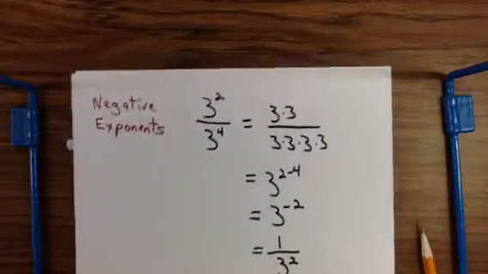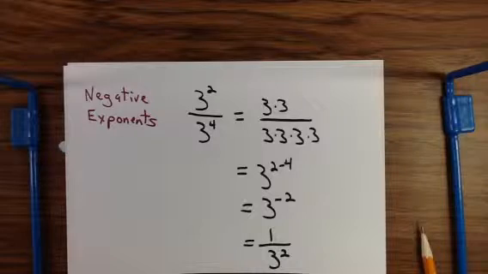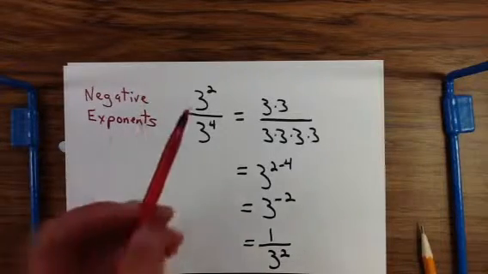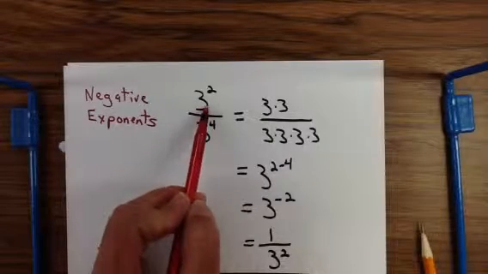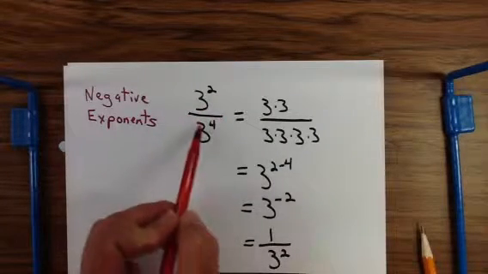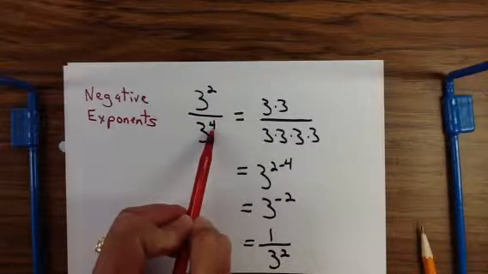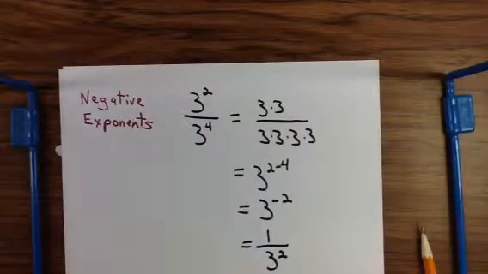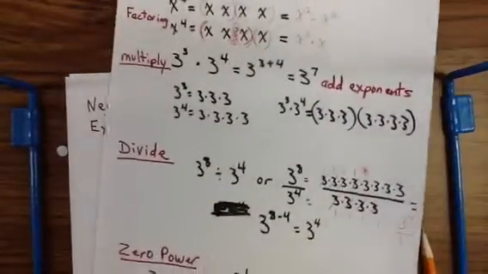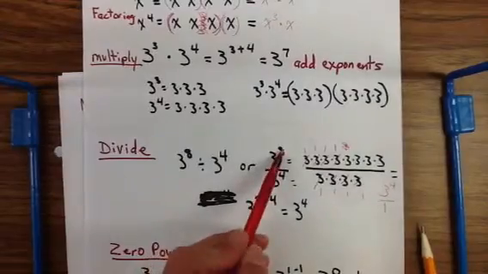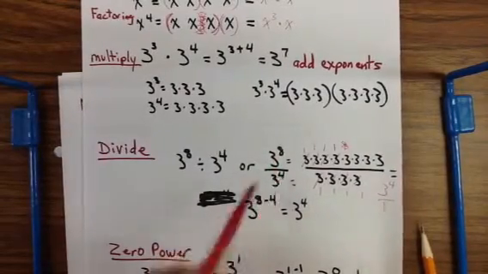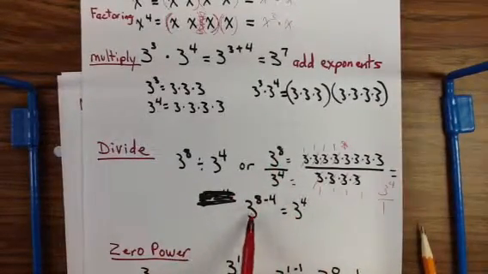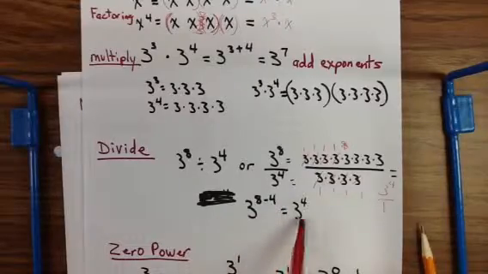All right, now we've got one more thing to look at, and that's negative exponents. I want to show the reasoning behind negative exponents. Let's say I have 3 to the 2nd power divided by 3 to the 4th power. On my first sheet, I proved that 3 to the 8th divided by 3 to the 4th ends up being 3 to the 8 minus 4, which is 3 to the 4th.